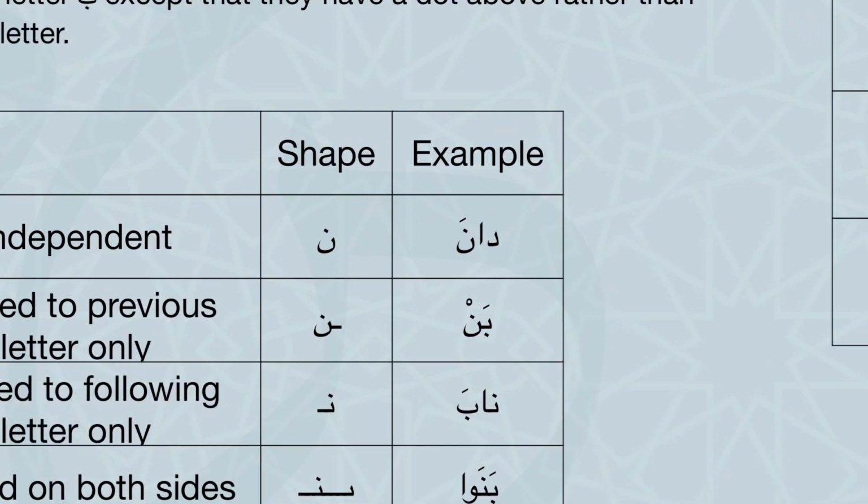Ba is flat, but noon is more smiley. It's almost a sociopathic kind of smile. But this one is like a normal smiley face.